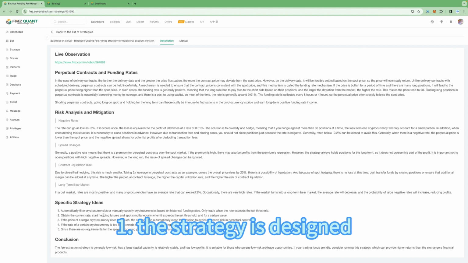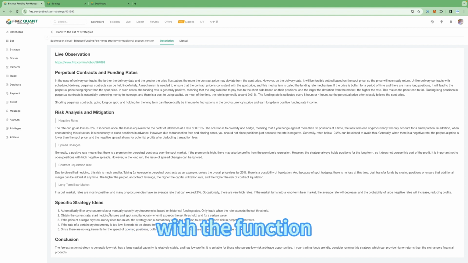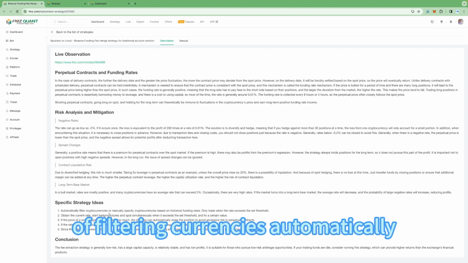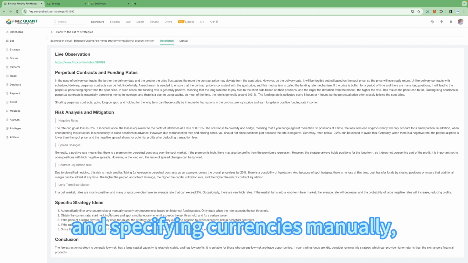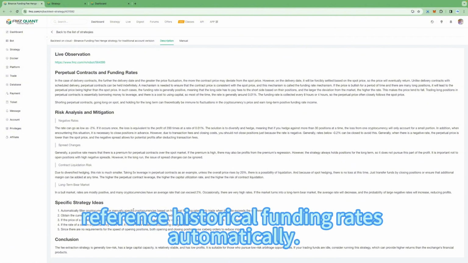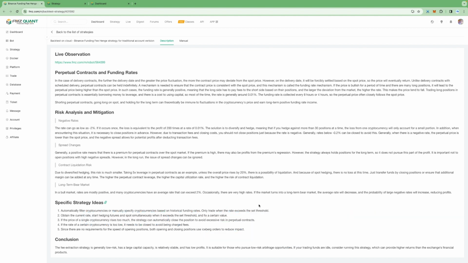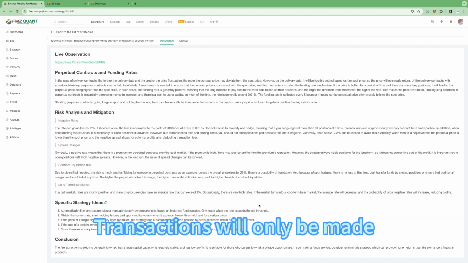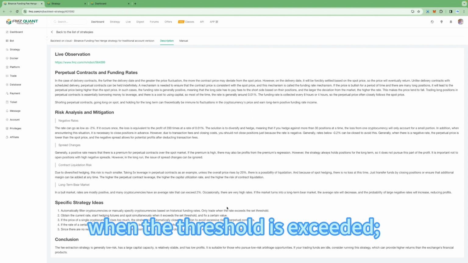First, the strategy is designed with the function of filtering currencies automatically and specifying currencies manually, which can allow the strategy to reference historical funding rates automatically. Transactions will only be made when the threshold is exceeded.